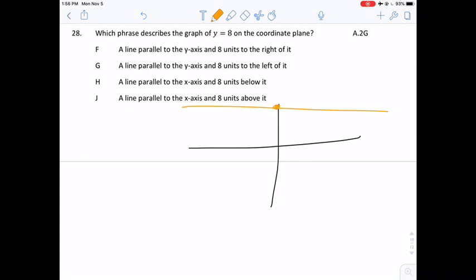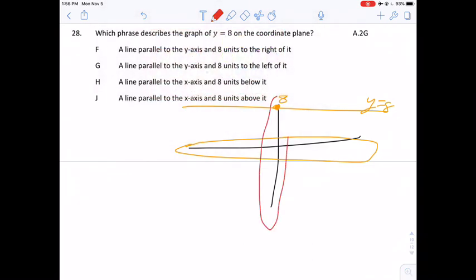Here is going to be 8, and that's going to be my y equals 8. So I know a couple of things about it. I know that it's completely parallel to the x-axis, and I know it's completely perpendicular to the y-axis.